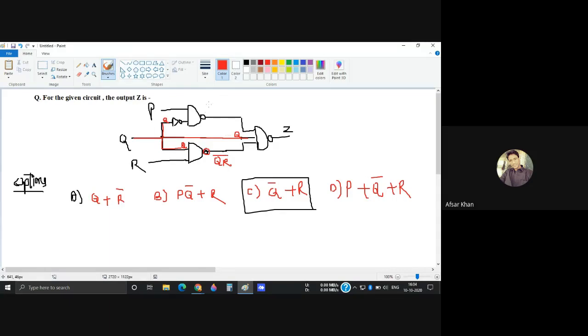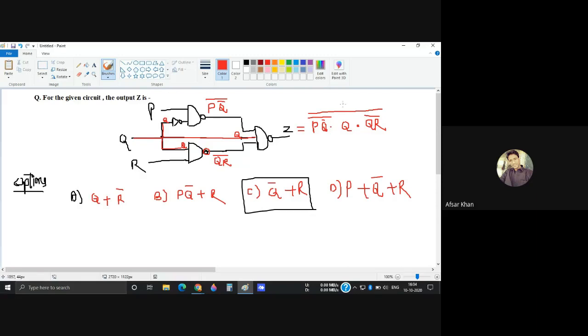And here you will get PQ bar whole bar. Suppose this is A, this is B, this is C. We will get ABC whole bar, means PQ bar whole bar dot Q dot QR bar, whole bar. This will be your actual output.